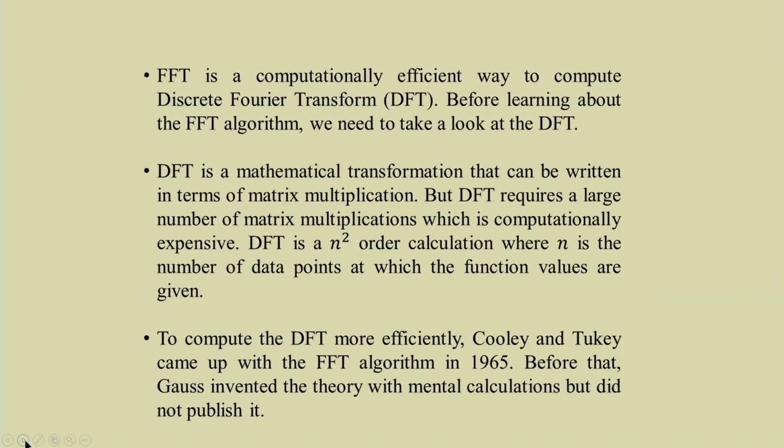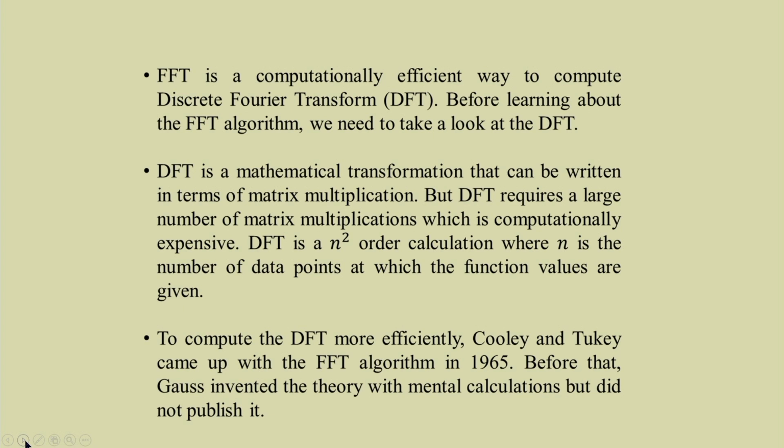So, FFT is a computationally efficient way to compute the discrete Fourier transform. Before learning about the FFT algorithm, we need to take a look at the DFT. DFT is a mathematical transformation that can be written in terms of a matrix multiplication, but DFT requires a large number of matrix multiplications, which is computationally expensive.